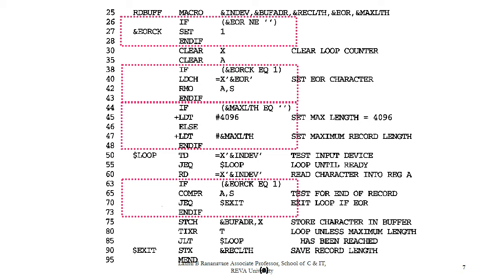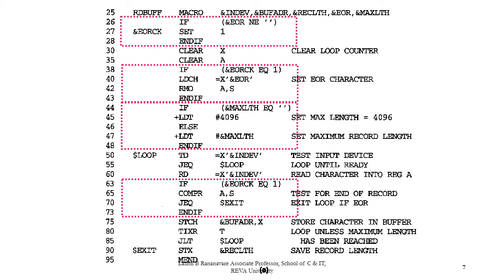If it is equal to 1, then we load whatever is present in EOR into the A register, and we move the contents of the accumulator to register S, and then end of if statement.